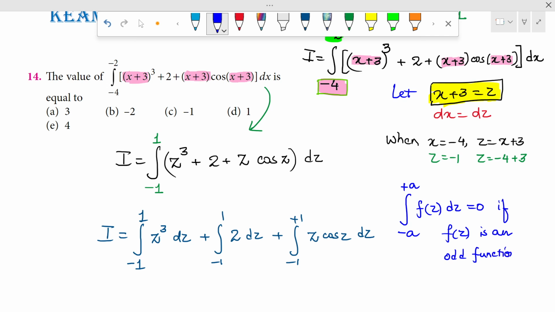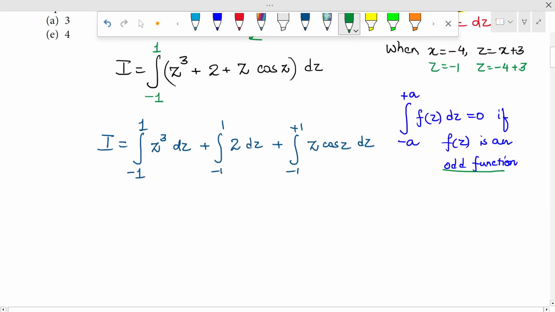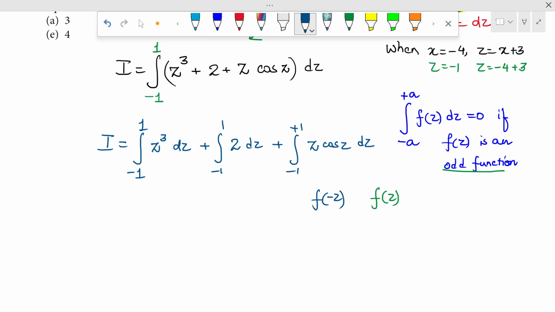Now, what do I mean by odd function over here? Let's check this. Odd function means, suppose we are given one f(z), right? If we take f of minus z and that is equal to minus of f of z, then we say that f of z is an odd function.